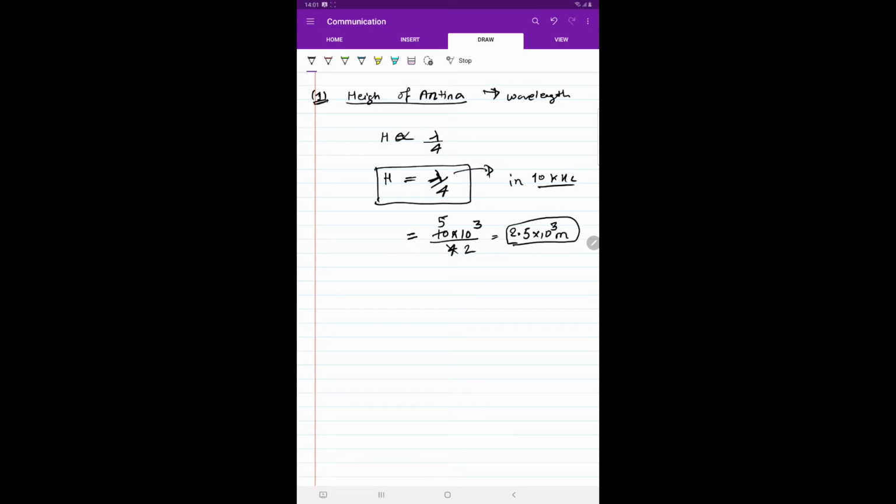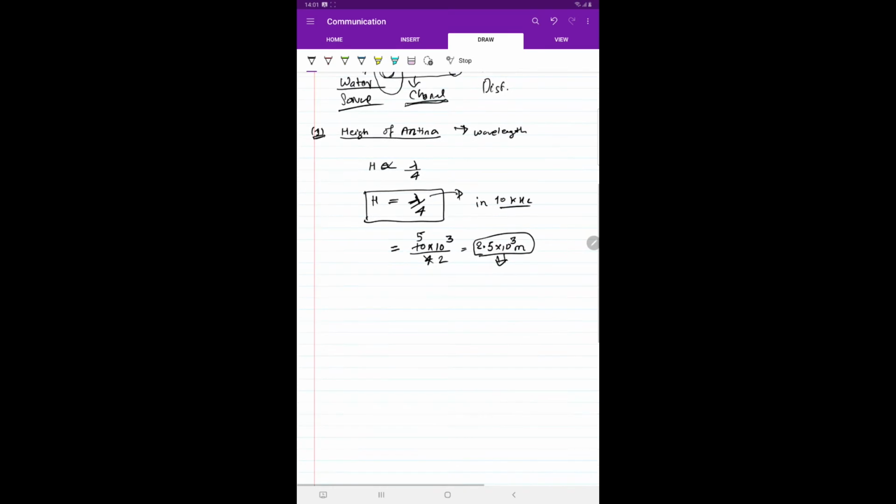So this is not possible. We cannot want the height of the antenna to be very large, otherwise this is not feasible, practically not feasible.